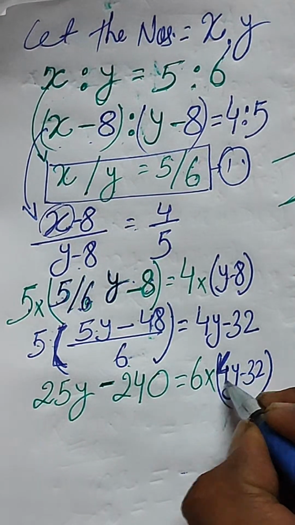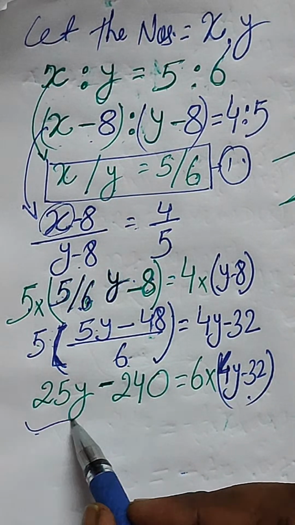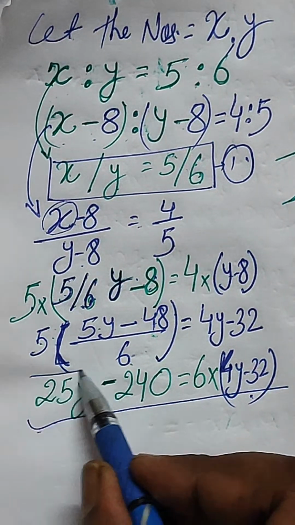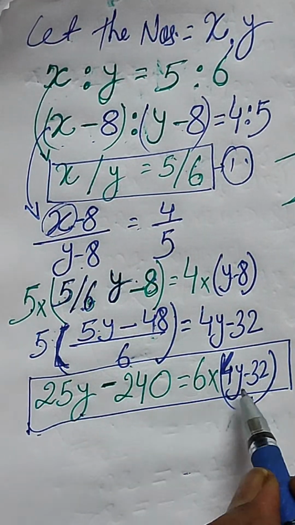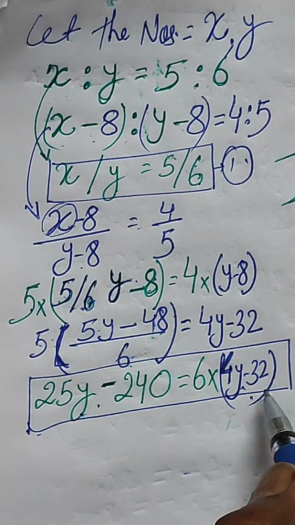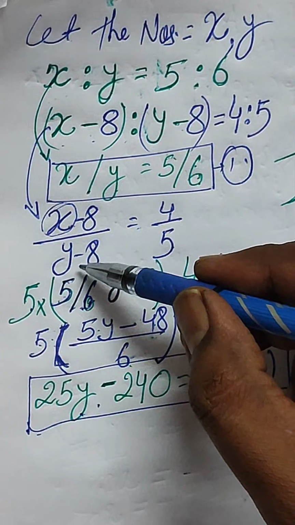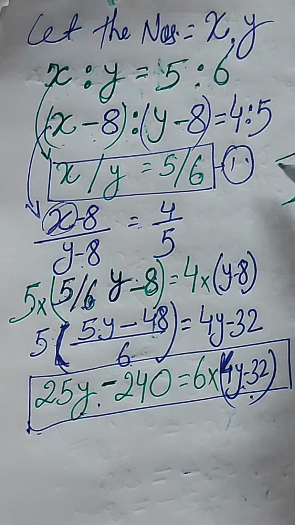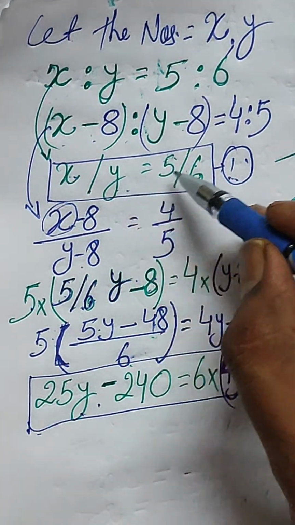Now from this step, here you can see, we have an equation where there is only one variable. You can see y is only present over here, right? Because x is already eliminated through equation number 1, that is x equal to 5 by 6y.